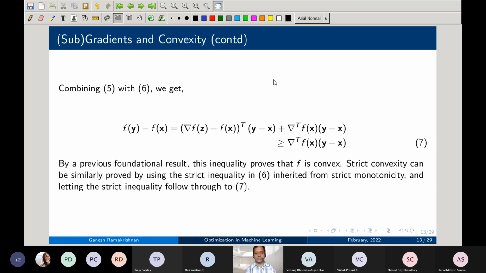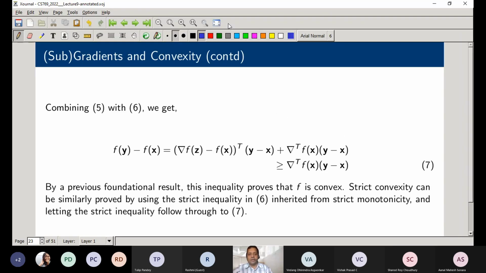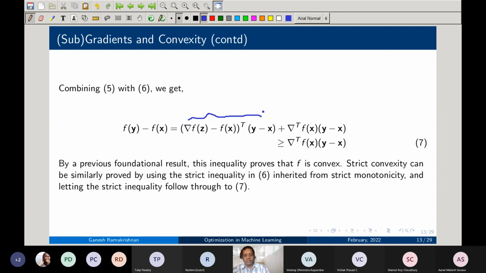You can basically use this result to show that f is convex. Sufficiency is basically using monotonicity of the gradient. In addition to the mean value theorem, we made use of the fact that there is monotonicity of the gradient of f.